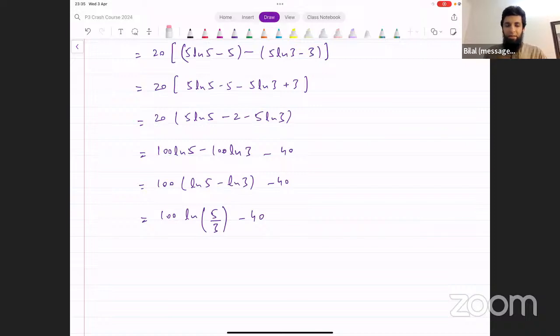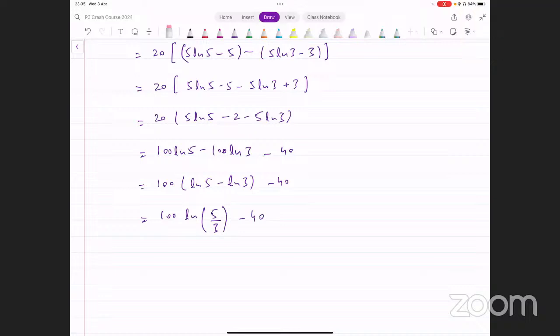All right. Any problems with this? Any questions, anyone? So this is how substitution works. All right.